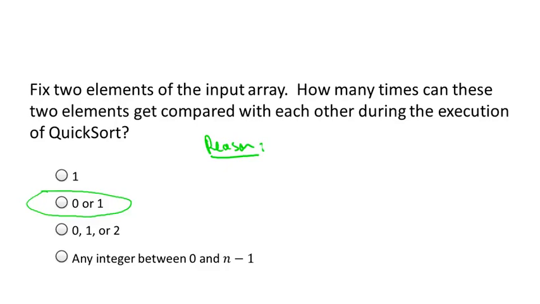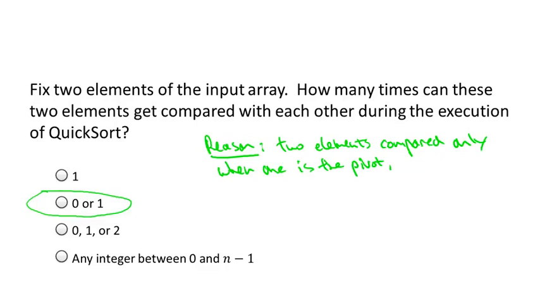Well, think about the first time they ever get compared in quicksort. It must be the case that at that moment we're in a recursive call where either one of those two is the pivot element. So if it's the third smallest element or the seventh smallest element, the first time those two elements get compared to each other, either the third smallest or the seventh smallest is currently the pivot, because all comparisons involve a pivot element.